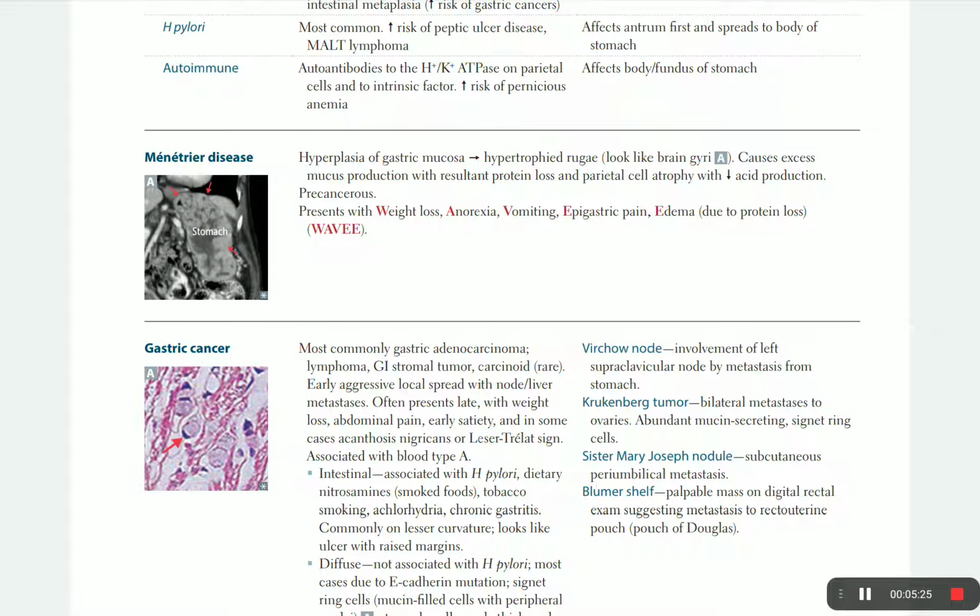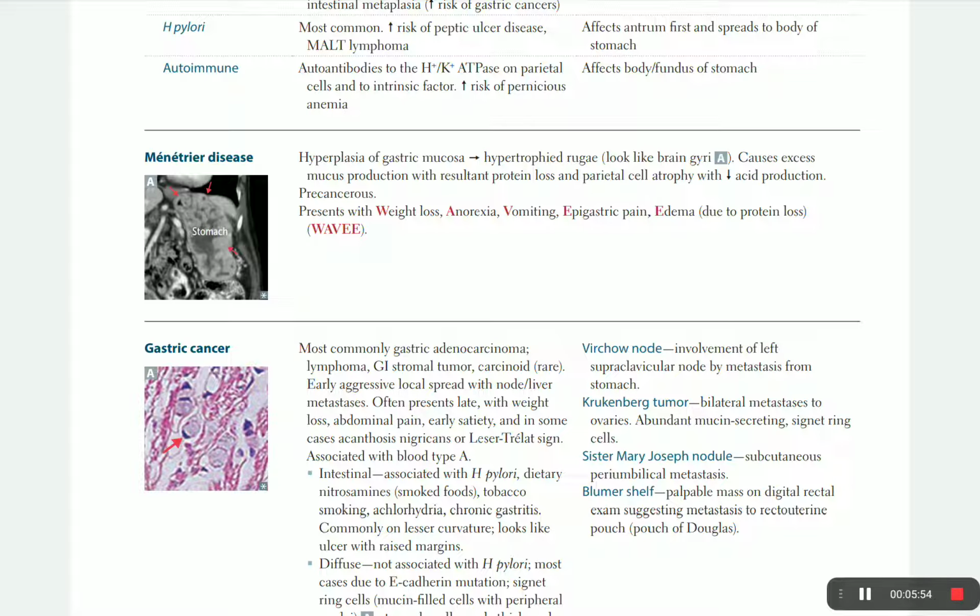Menetrier disease, I said before, is increased production of mucosa, hyperplasia of gastric mucosa, leading to hypertrophied rugae. Rugae, like a brain gyri, right? It causes excess mucus production with resultant protein loss and parietal cell atrophy with decreased acid production.